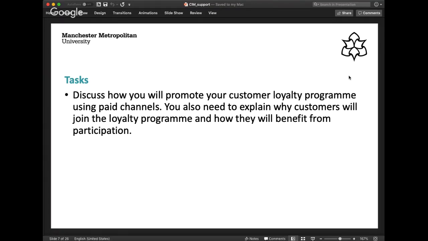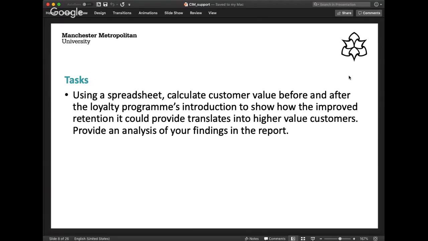Then task number 6, which I've been asked a few questions about already. So we're going to go through this in a little bit more detail later. But if you look on the Moodle area, there is an entire section on customer lifetime value, where you can calculate this, and a spreadsheet where you can actually use it.